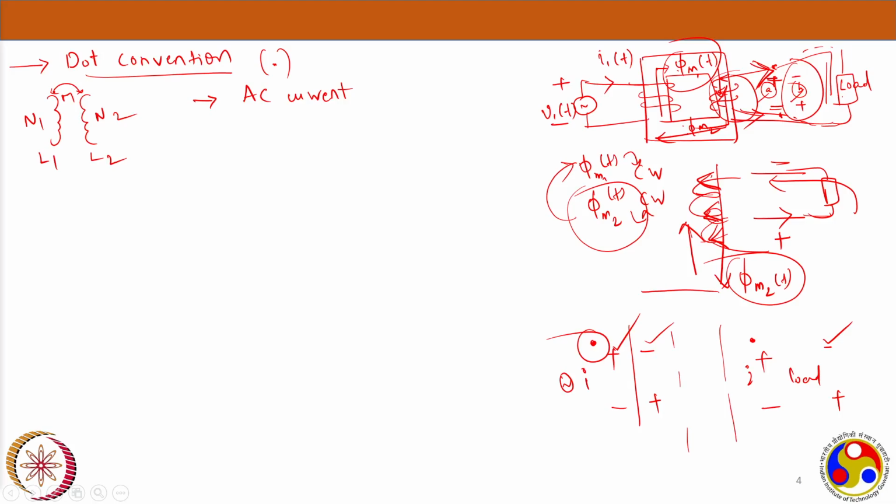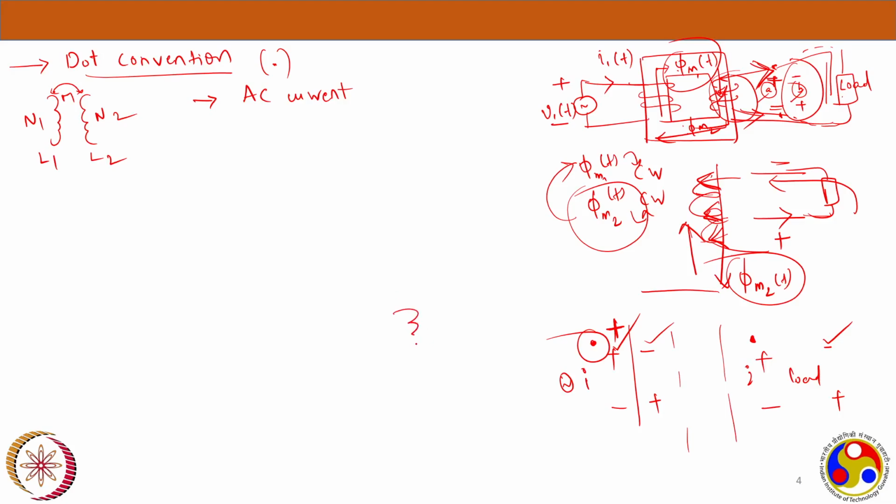So if you see a dot anywhere, the dot always represents the polarity of a terminal at that instant of time. Let's say at this instant of time, the polarity of the terminal is plus. Now if you see the same dot on the secondary side, the same polarity also exists here. That's what the dot represents.